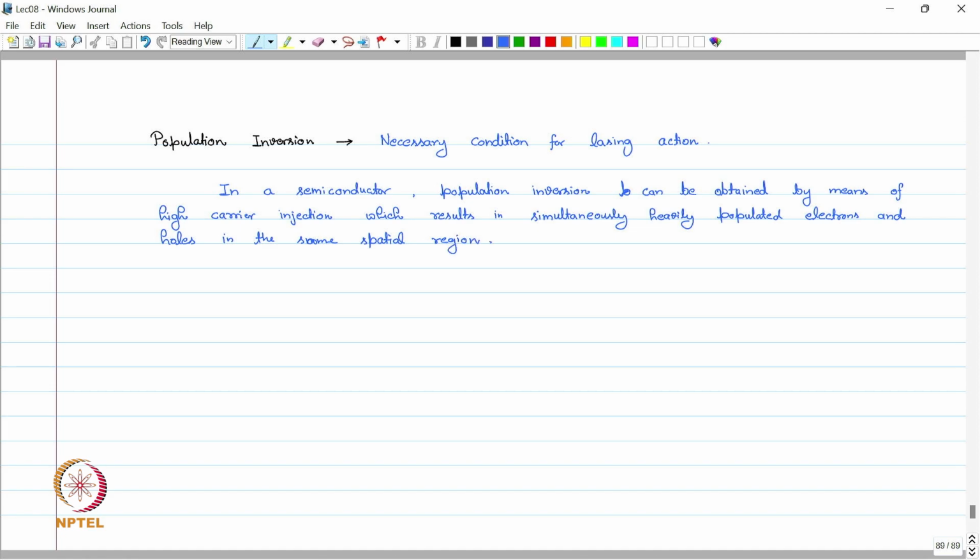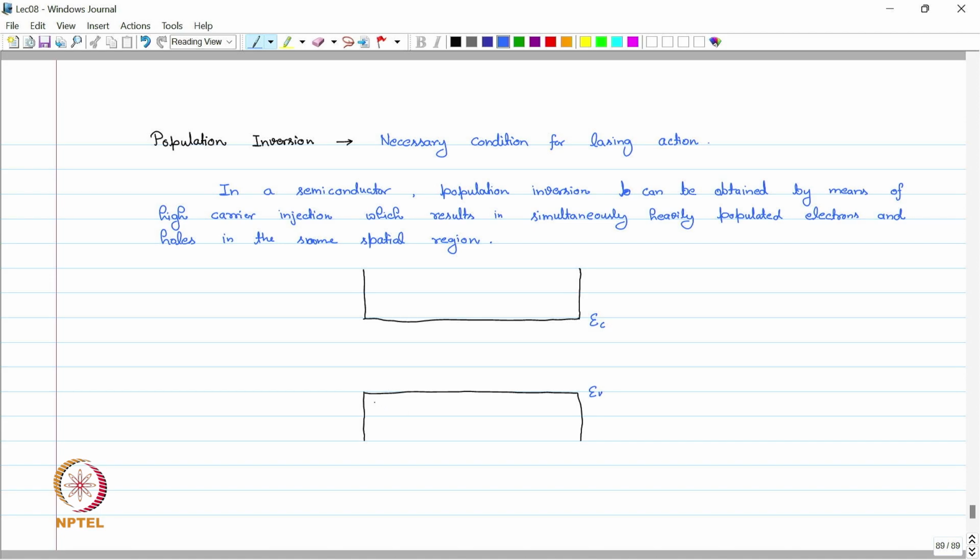Now if we look at the band diagram for this material, we have the conduction band and the valence band. For example, this is our conduction band, this is the valence band.